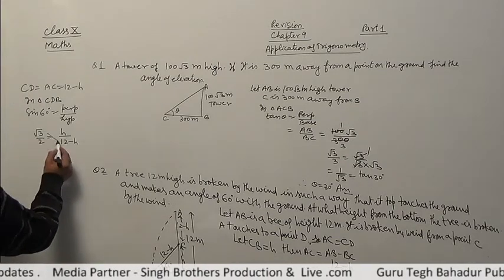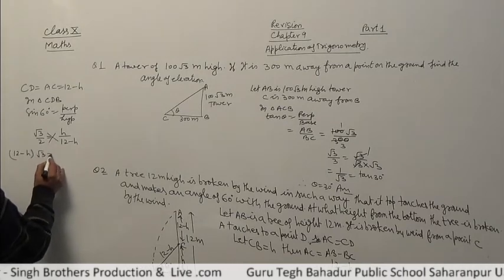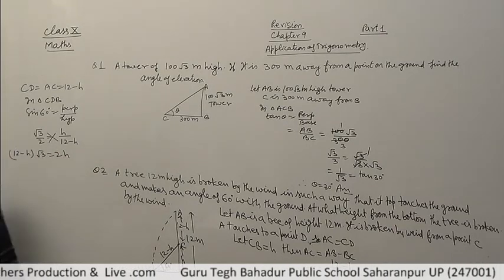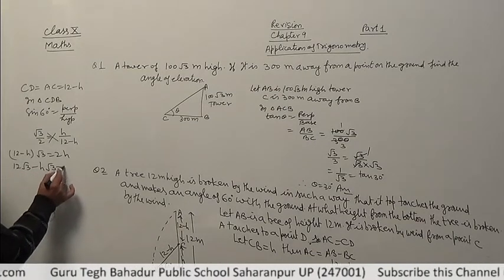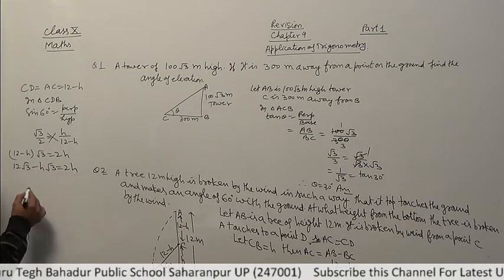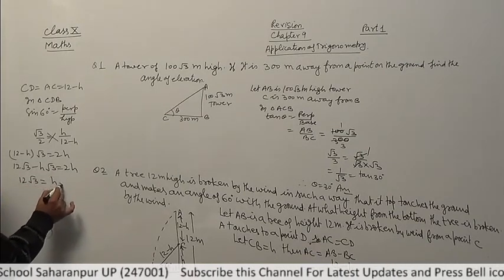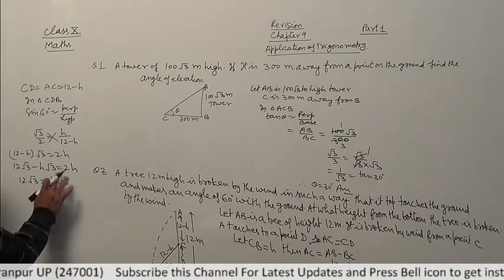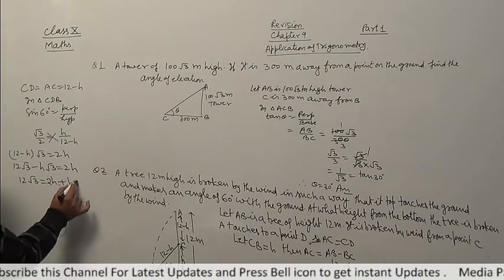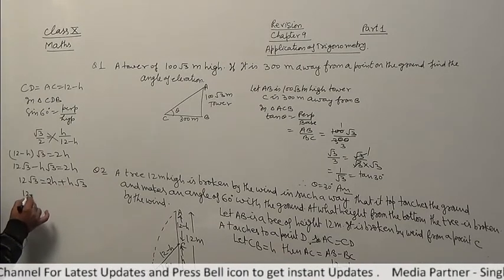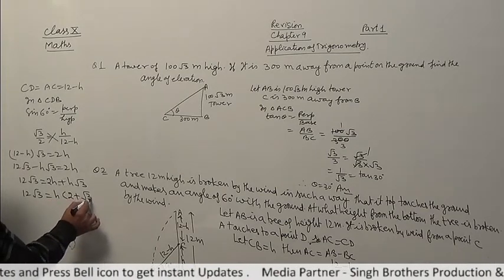Cross multiply, 12 minus h, root 3 is equal to 2h. 12 root 3 minus h root 3 is equal to 2h. Taking on this side, 12 root 3 is equal to 2h plus h root 3. 12 root 3 is equal to h common, 2 plus root 3.